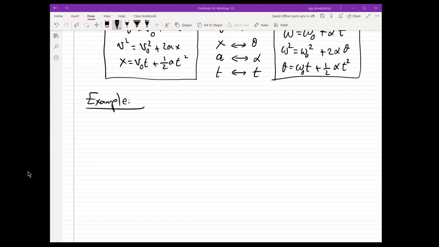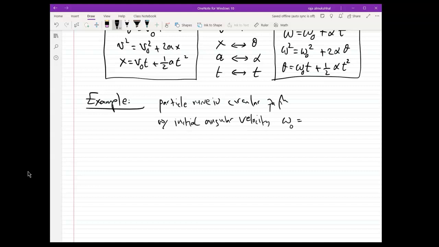So suppose you have a particle that moves in a circular path with initial angular velocity, omega naught, let's call it, equals 4 radians per second. That's at t equals 0, okay?